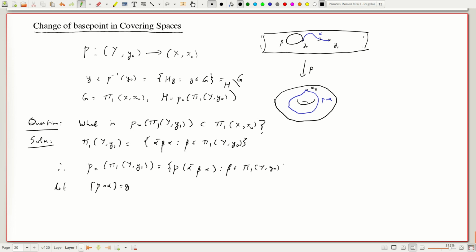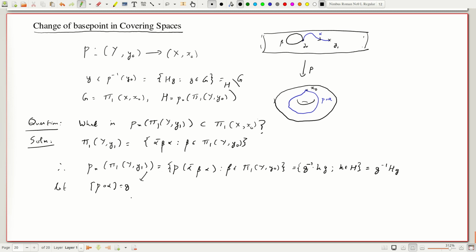If we push them forward, this is going to be equal to g inverse h g, where h belongs to H, which is simply the conjugate group g inverse H g, often denoted as H to the power of g. So we just know that it's a conjugate group. The answer is very simple: the elements in the fiber correspond to right cosets, and you take conjugacy by the corresponding element in the right coset.